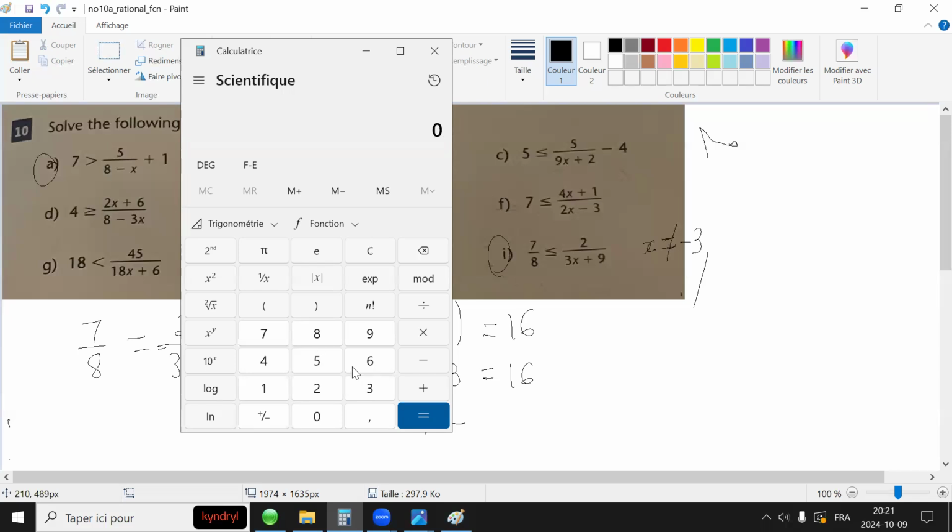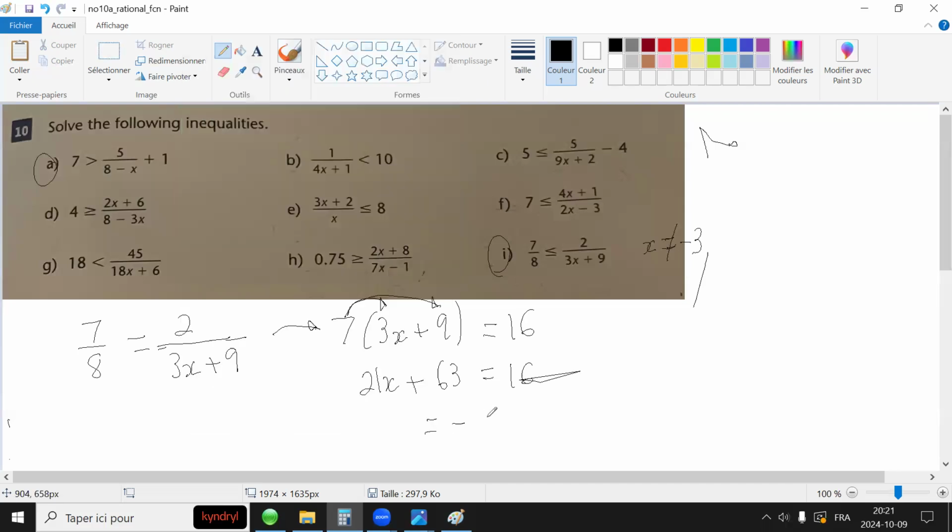So, 63 minus 16. There we go, 47. So it gives us minus 47, and we have 21x on this side.